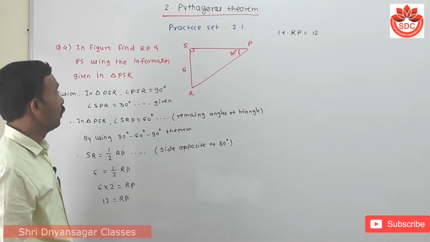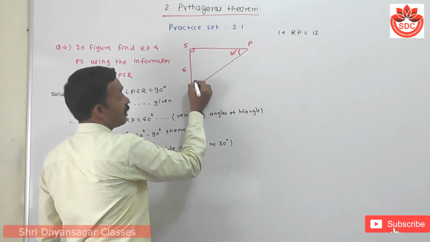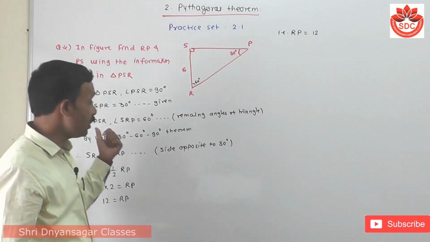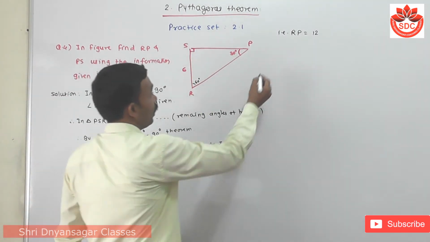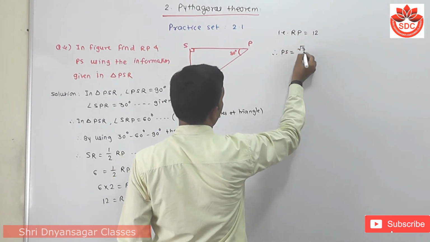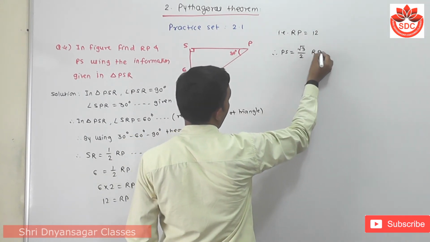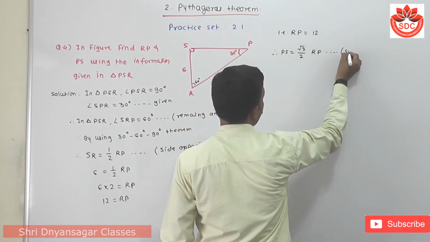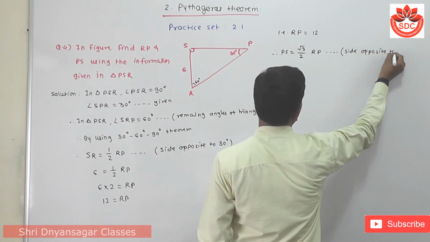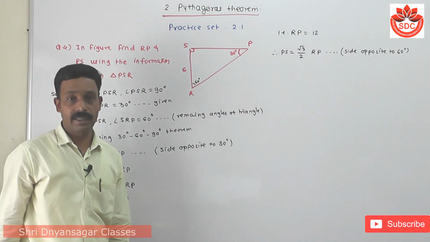Then we can find out the value of PS also. Now look here, this PS is the side opposite to 60 degrees. So by using again the 30, 60, 90 degree theorem, PS is equal to root 3 upon 2 times its hypotenuse. Hypotenuse is RP. Here the reason is side opposite to 60 degrees, or you can also write by using the 30, 60, 90 degree theorem.